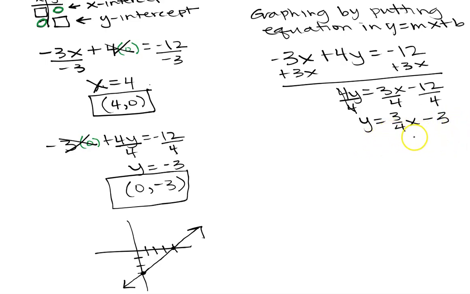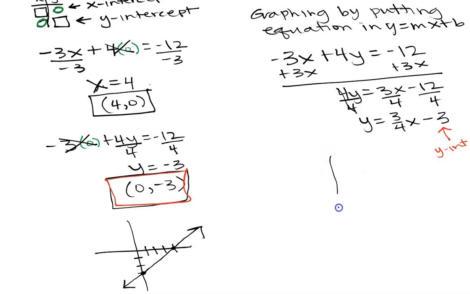So remember, in slope-intercept form, this number right here, that -3, is the y-intercept, which is what I found over here by plugging 0 in place of the x and finding the y. But when it's written in slope-intercept form, I can just pick it out right there.